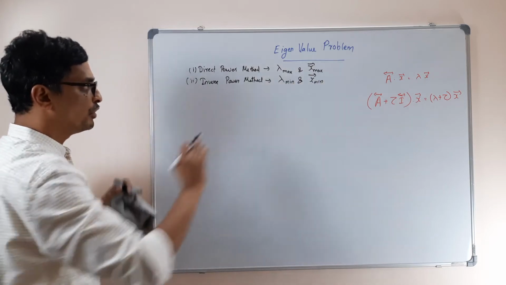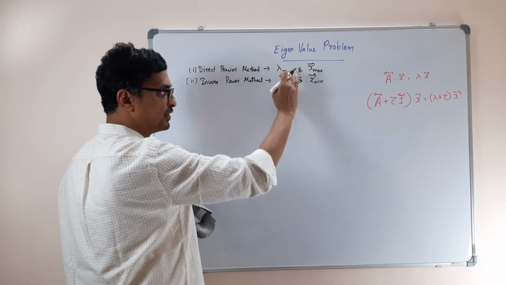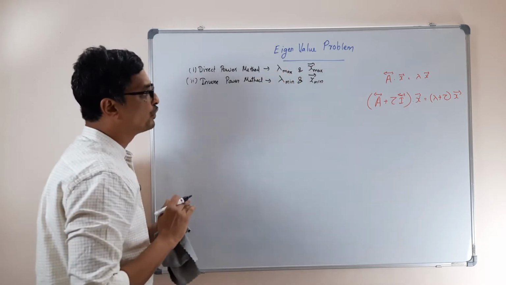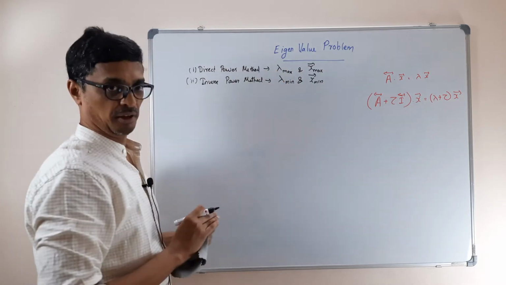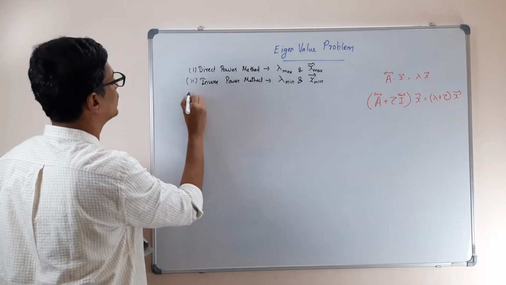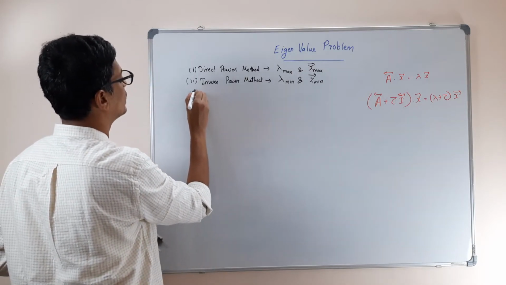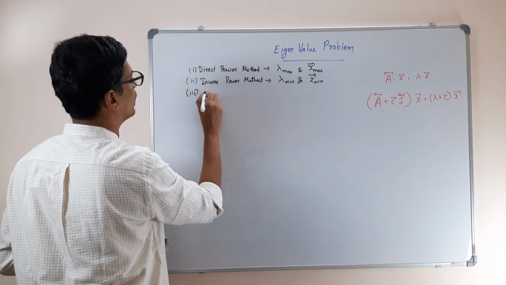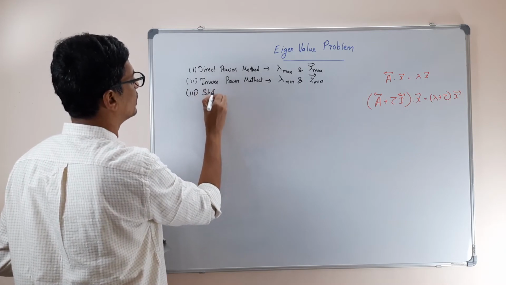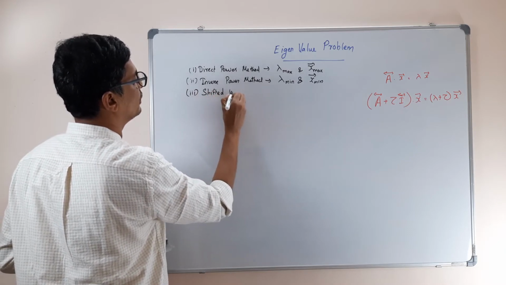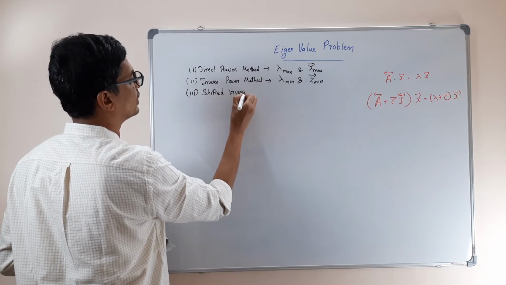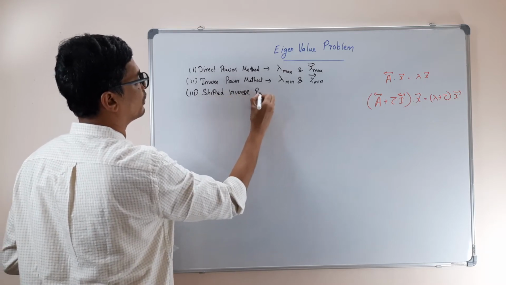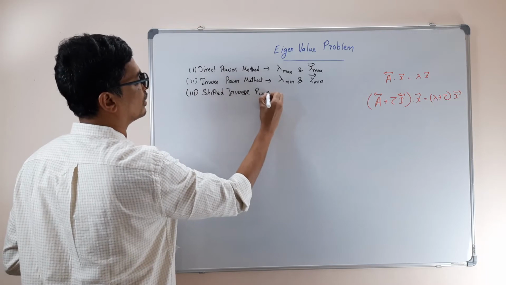Now, if you want to get intermediate values, we can use this property, and that method is called the shifted inverse power method.